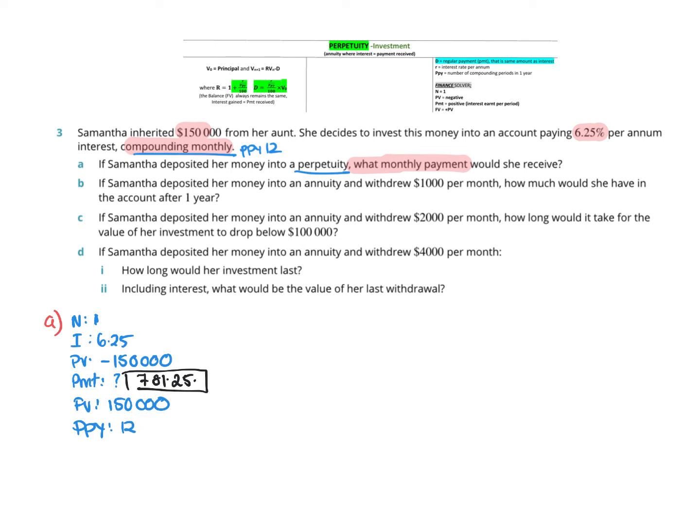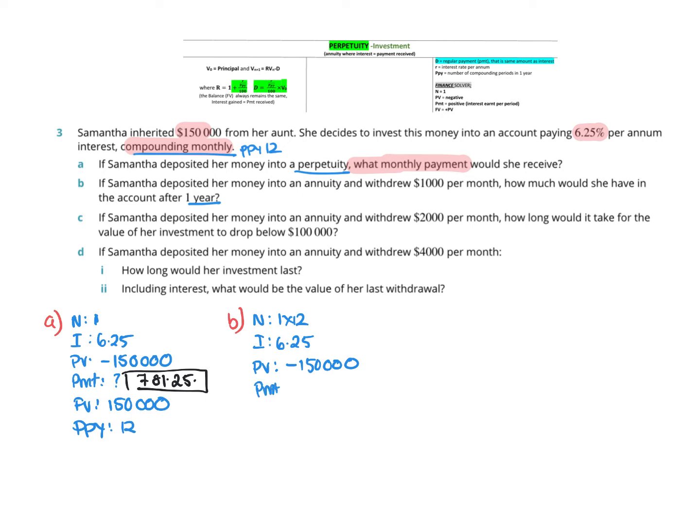Now B, if Samantha deposits her money in an annuity and withdrew 1,000 per month, how much would she have in the account 1 year later? So here we're going to keep on using our Finance Solver in B, but we've now changed to an annuity. So when we say 1 year, there'll be 1 times 12 months, the interest rate is still 6.25. She's still investing in an annuity, so it'll be 150,000.